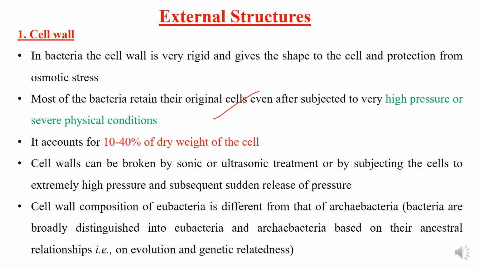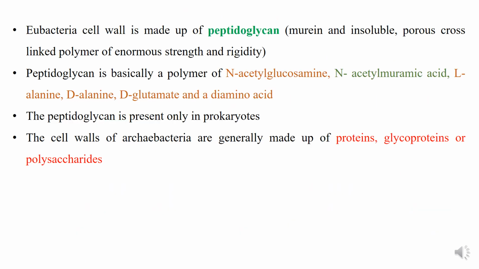Generally bacteria are divided into two categories based on evolution and genetic relatedness: one is eubacteria and the second is archaebacteria. In both types, cell wall composition is different. In eubacteria the cell wall is made up of peptidoglycan.